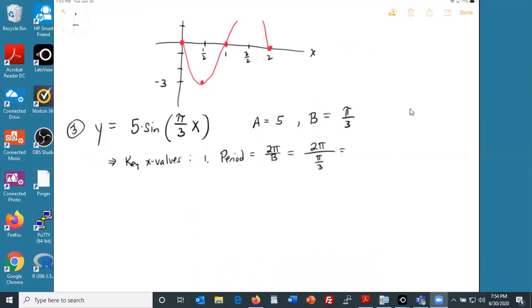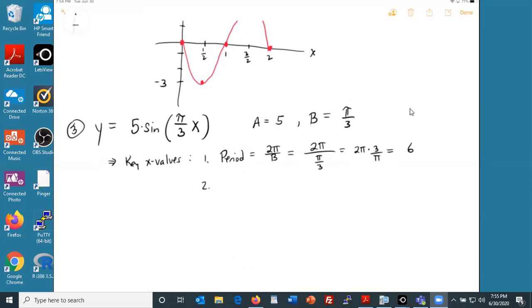So that would be 2 pi times the reciprocal 3 over pi is 6, because the pi's cancel out, and then it becomes 2 times 3. So you're multiplying by the reciprocal to get that. Now this is a great period because it's a whole number value of 6. This will be super easy to work with.